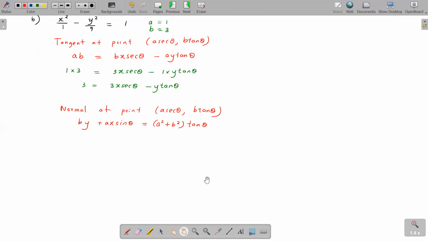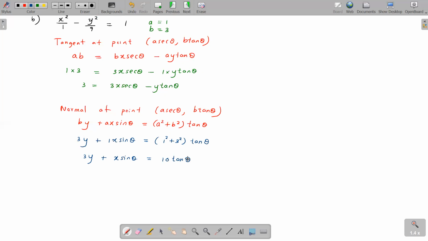Then b is 3y, a is 1x sine theta, a square is 1 square, b square is 3 square tan theta. So I get 3y plus x sine theta. This is 3 square is 9 plus 1 is 10 tan theta. Do you agree with that?